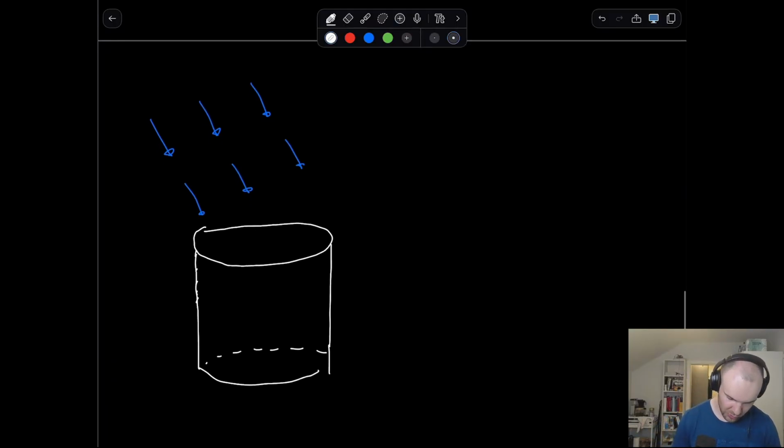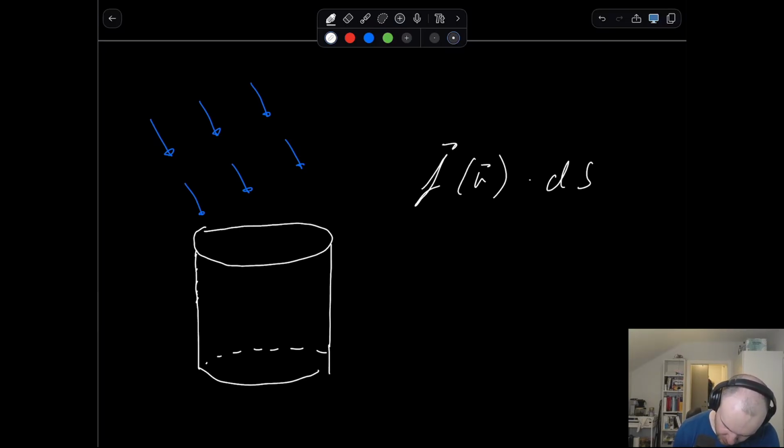So to do this in calculation, you will say this is the rain, the vector field, right? And I of course just need a position. But then I need to catch the rain. And this, of course, ds is just a small piece of my bucket. But to collect the full size of that bucket, the top of that bucket, I have to, of course, integrate.